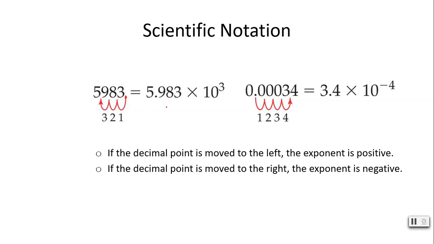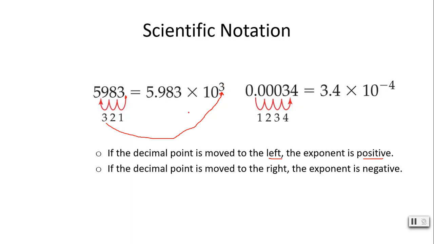To get that decimal point between the first and second non-zero number, I had to move that decimal place 1, 2, 3 times. Since I moved it 3 times, my exponent is 3. And since I moved that decimal point to the left, my exponent is positive. So my exponent is going to be positive 3, or just 3.